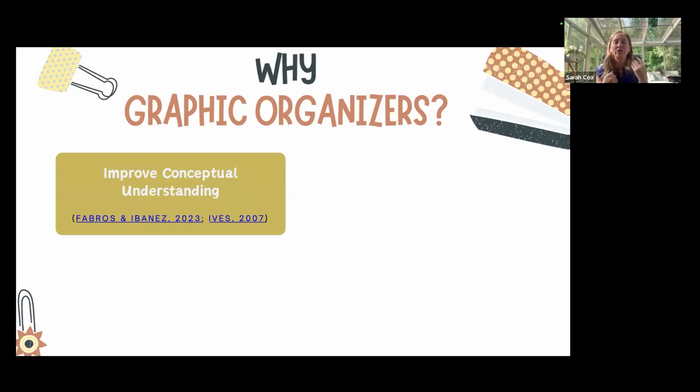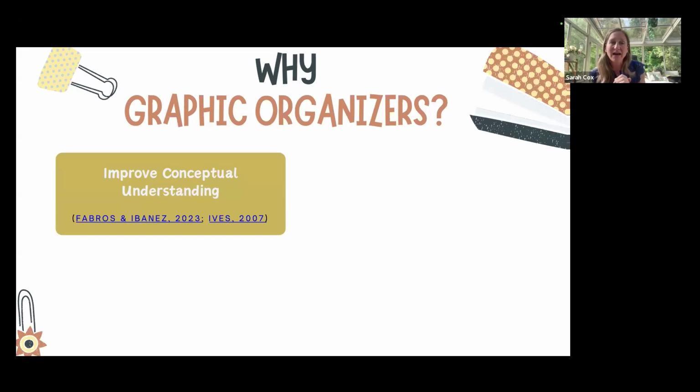There was a time that we thought you had to teach concepts first and then procedures, but what we are finding is that we're teaching all of these things simultaneously, and that the better students are able to understand the concept of math, the more it helps them with their procedures, which helps them become more procedurally flexible. Again, this is really iterative, and students are learning all of these things at the same time. So when I say conceptual understanding, that is the construct I am talking about.